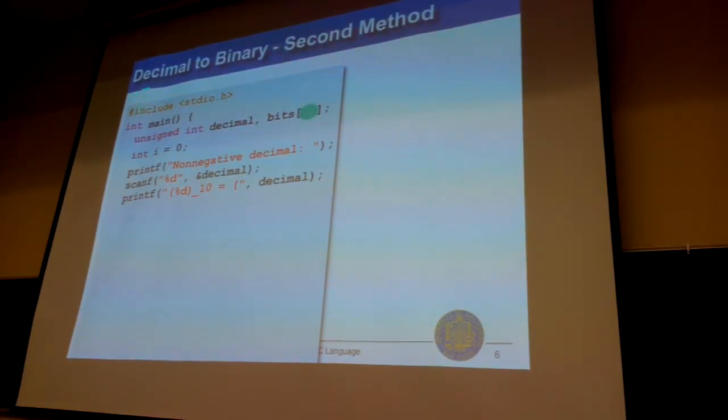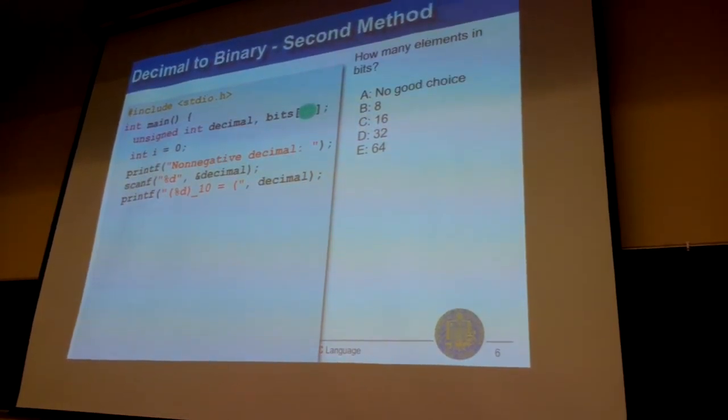So based on this setup, how many elements do you think there should be in bits? What's a good answer there? So if you guys could click in.